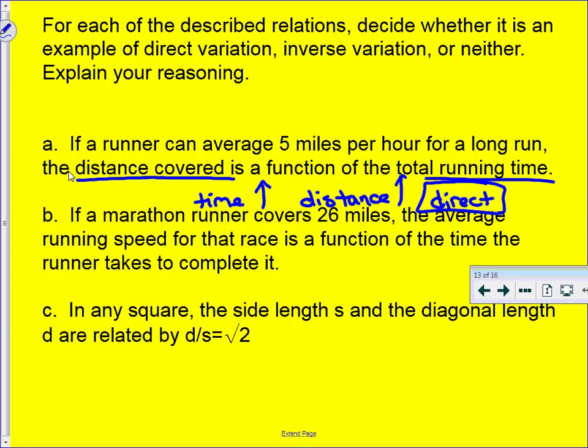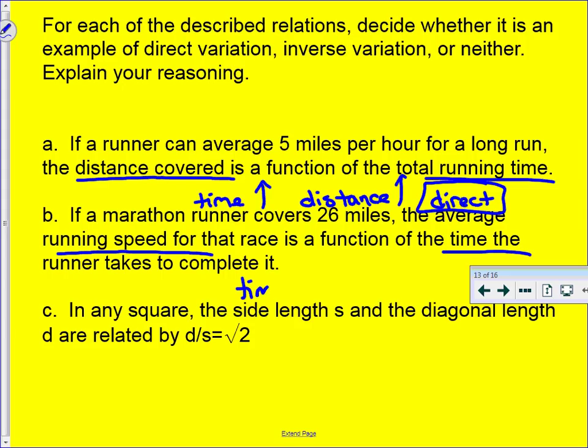Now the second part, it's still a running example, but be careful of the wording. For B, if a marathon runner covers 26 miles, the average running speed for that race is a function of the time it takes the runner to complete it. So it says the running speed and the time it takes to complete it.